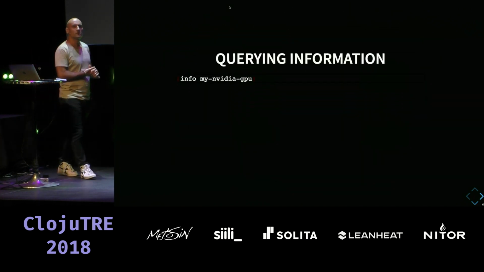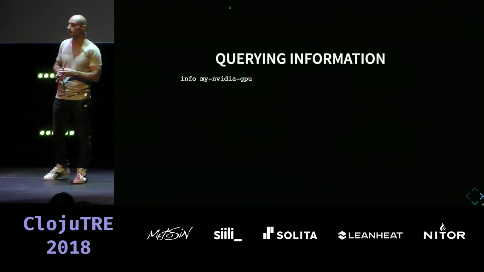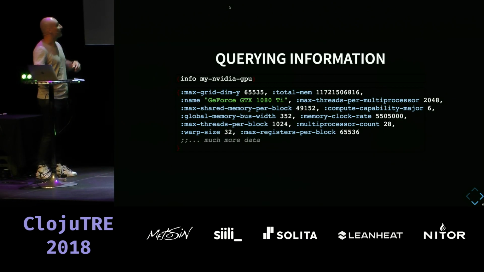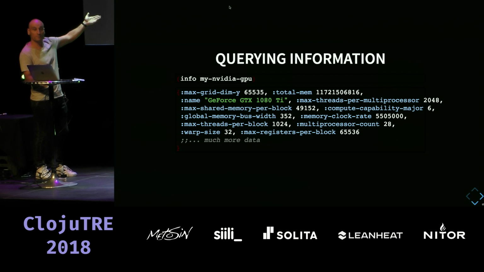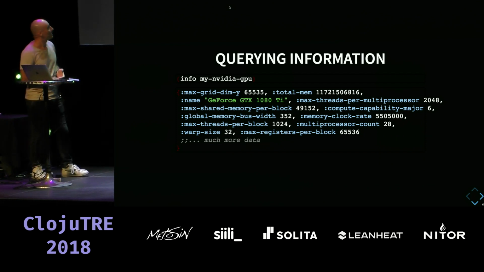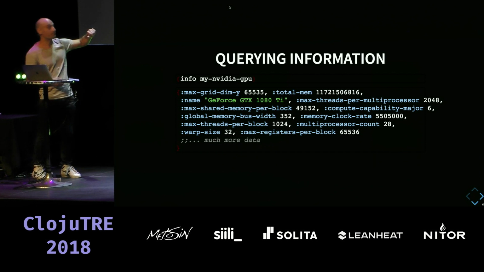Now, I would like to see what the capabilities of the graphic card in this computer are. I get a nice map of all the info. Of course, I didn't show everything because it couldn't fit on the screen.